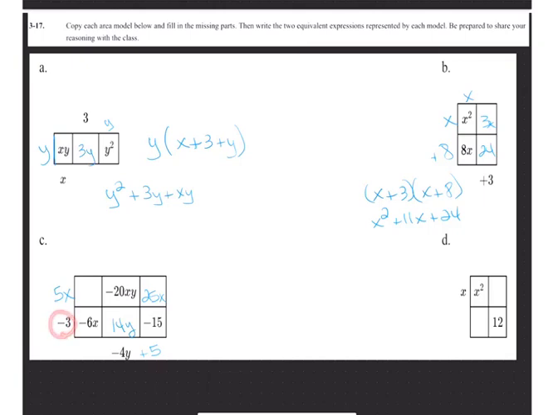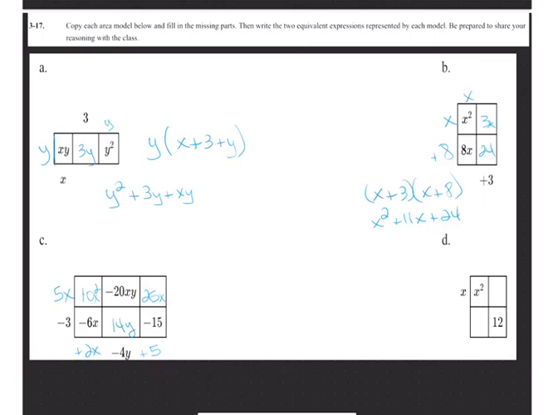So to get negative 6x, this times this, it would be negative 3 times 2x. Good job. You guys got it, right? So a positive 2x. So now, can I figure out my top box? My length times my width? Yeah. This is 5x. This is 2x. So I'm going to get 10x squared.